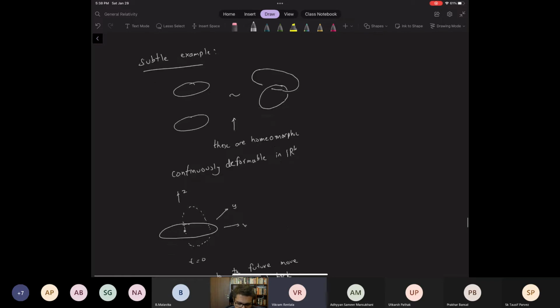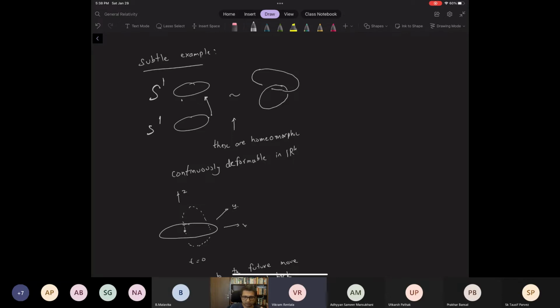Now let me give you a subtle example of spaces that are homeomorphic to each other. If I imagine two circles, one is something like this, and one is where you imagine that these circles are linked. You would think that there's no way to deform this in a continuous way to get these linked circles. So you would say that these are not homeomorphic to each other.